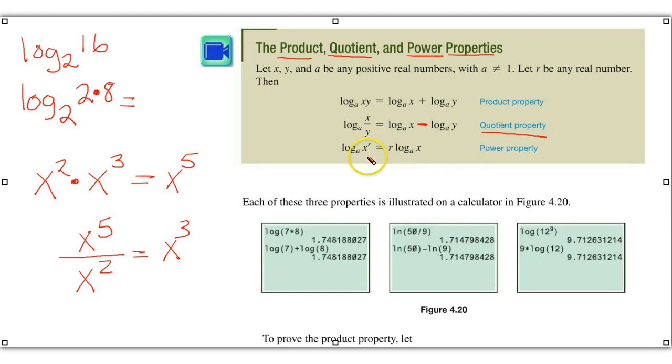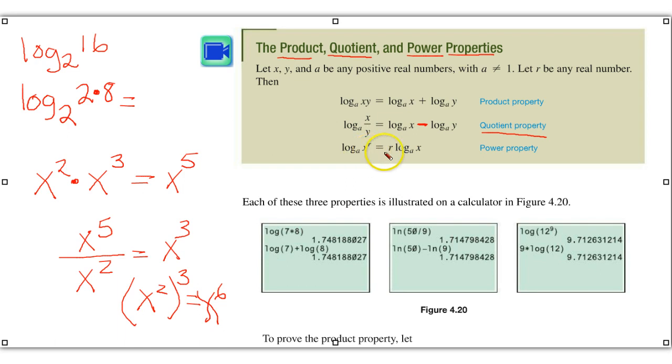And then the other property is when we actually have an answer that's raised to an exponent, sort of like this, x to the 2nd, now raised to the 3rd power. To do this, we don't add, we multiply. And this then becomes x to the 6th.